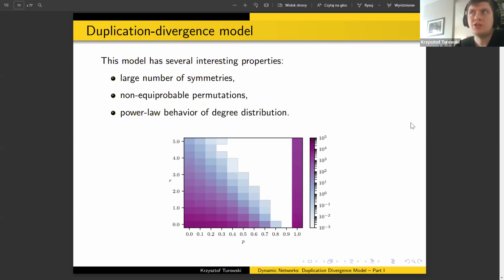In fact, the larger the graph, the more the number of symmetries grows, and one of our hypotheses is that these graphs for a very large set of parameters P and R are symmetric. So it's hard to generate an asymmetric graph when the number of vertices goes to infinity.